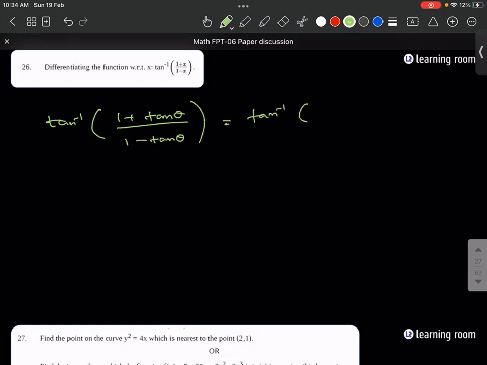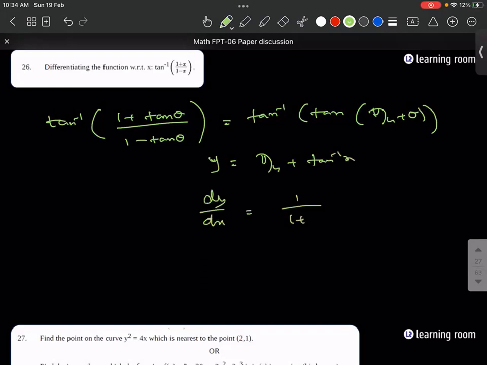So you will get tan inverse of tan of pi by 4 plus theta. So pi by 4 plus theta is tan inverse x. So this is the y. So what will dy by dx be equal to? 1 by 1 plus x square. That will be the answer. Okay, the answer will be 1 by 1 plus x square.